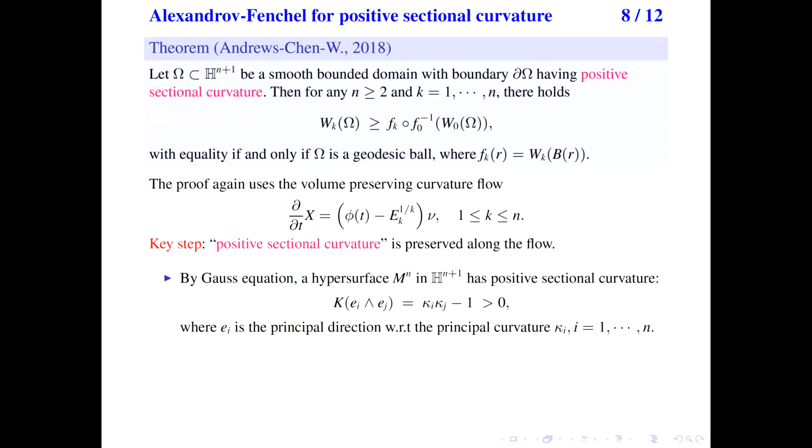Here e_i is the principal direction corresponding to the principal curvature kappa_i. In the following, I will sketch the proof of the preservation of the positive sectional curvature.